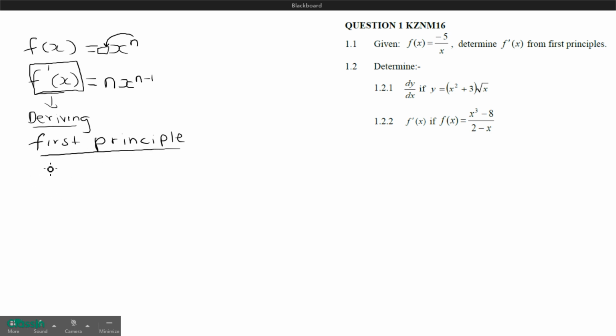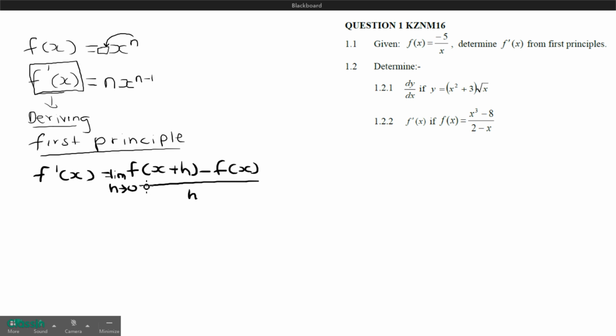The first principle says f prime of x is equal to the limit, when h approaches 0, of f of x plus h minus f of x, all divided by h.